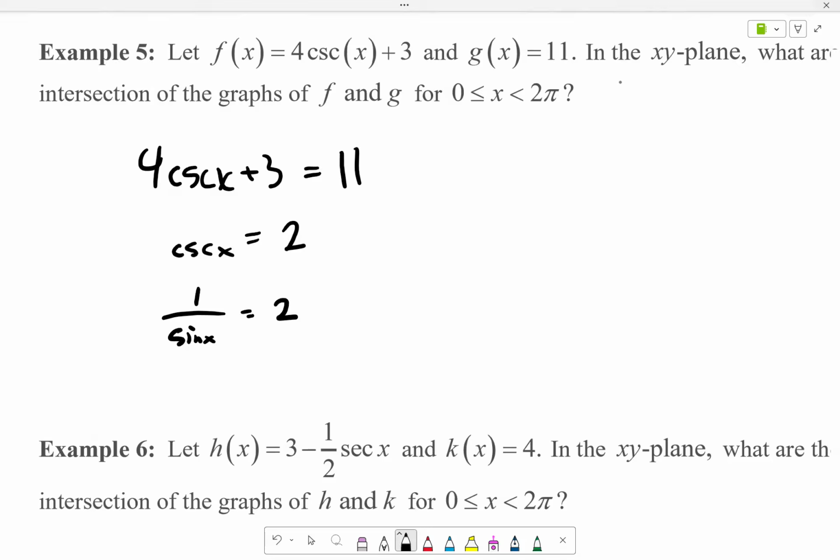Okay, solving this, my recommendation is to think about this as a proportion. If you have a over b equals c over d, flip both of them. So we get sine of x equals 1/2. Do you know the solutions for this? I hope you know. X equals pi over 6 and 5 pi over 6.